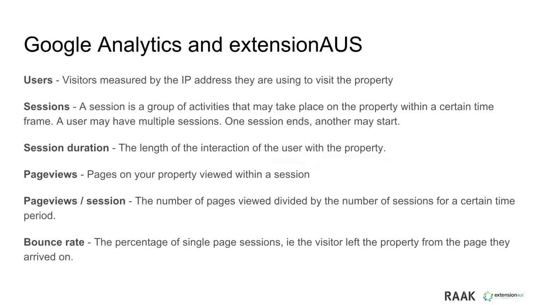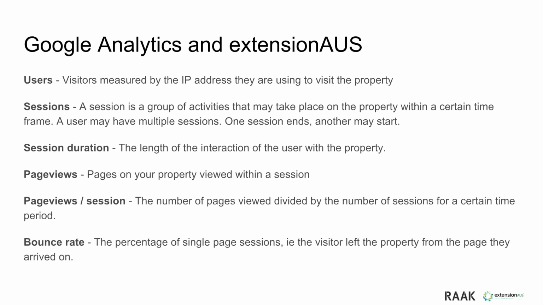Once you make your way to Google Analytics, you'll see some very frequently returning terms. Obviously, users, which are the visitors, measured by the IP address that users are using to visit the property, i.e. the website. There'll be sessions.